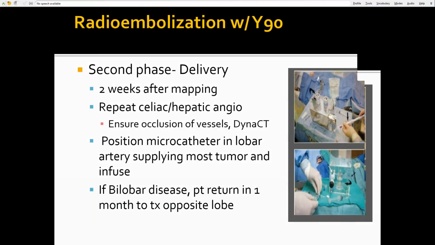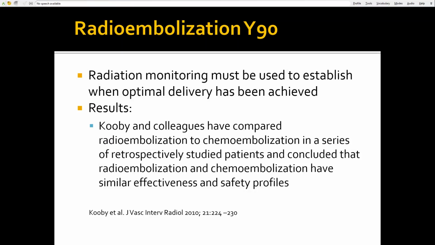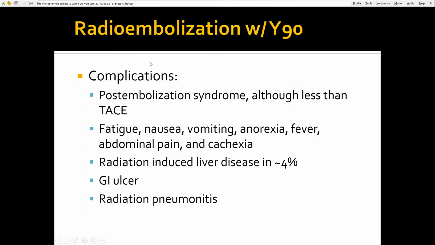So again, results for this have been shown to be very positive. Kubi back in 2010 showed that basically the results of radioembolization and chemoembolization were equivalent. So complications, again, you just got to worry about this thing called post-embolic syndrome, which we'll talk about a little bit, which is fatigue, nausea, vomiting, anorexia.